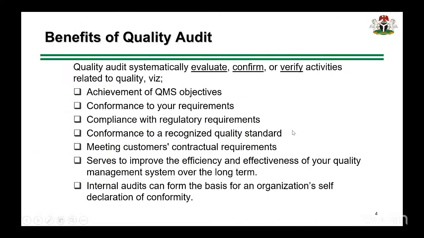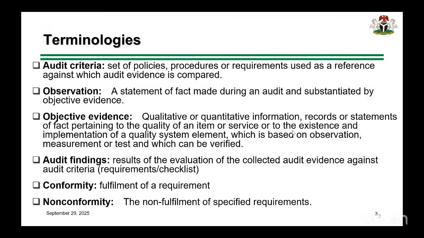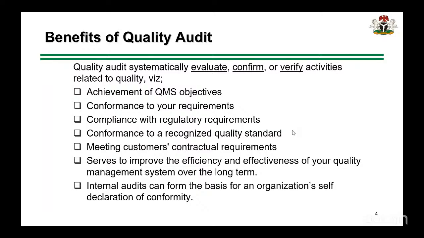So let's look at this aspect. What are the benefits of quality audit? Now, quality audit, I would say, is a systematic evaluation to confirm and verify the activities related to quality. For this to be done, it helps in achievement of the quality management system. One of the benefits of audit is to help in achieving the QMS objective.